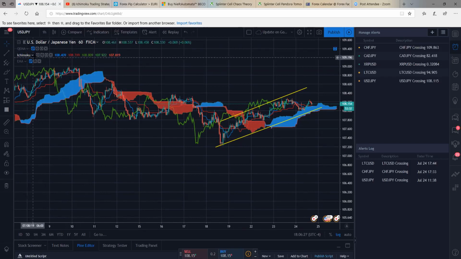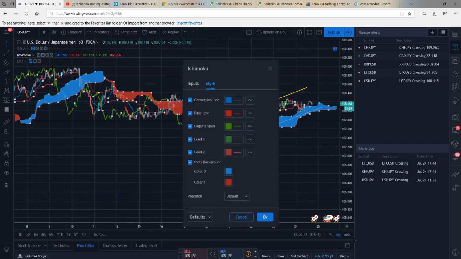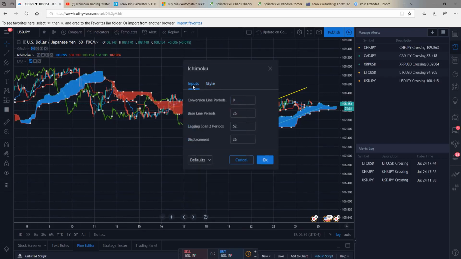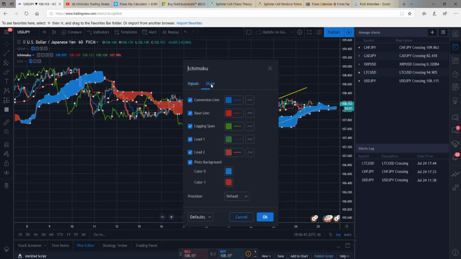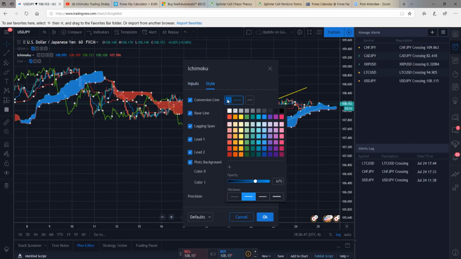Once this appears on your chart, you're going to go to the cog for settings. You're going to select input and make sure that this is correct, which should be automatically pre-populated: 9, 26, 52, and 26. Then you're going to go to style. I would like you to change your conversion line to this blue.